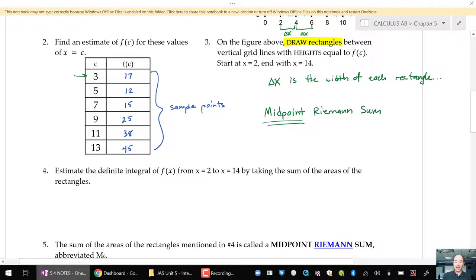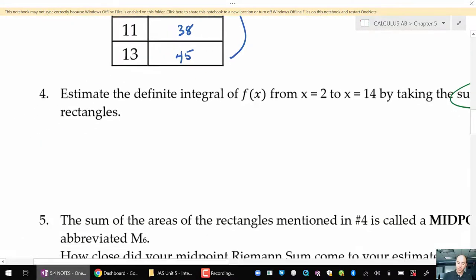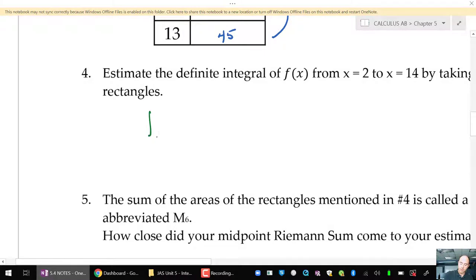Well, number 4 says to estimate the definite integral of f from 2 to 14 by taking the sum of the areas of all those rectangles. So essentially what we want to do is, from 2 to 14, this integral can be approximately equal to the first length times width of rectangle 1, plus the second length times width of rectangle 2, and plus the third, and so forth, all the way up to the final rectangle. But notice here in this problem that the delta x widths are the same.